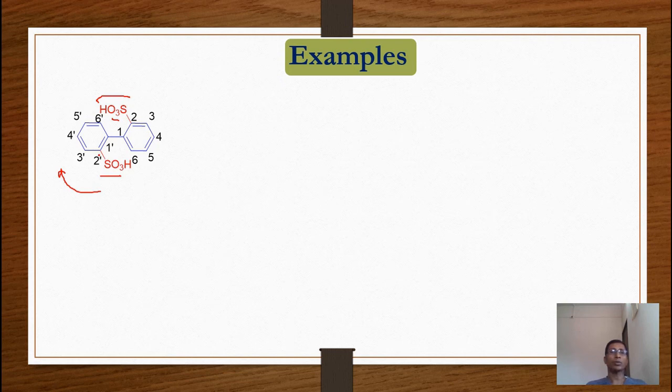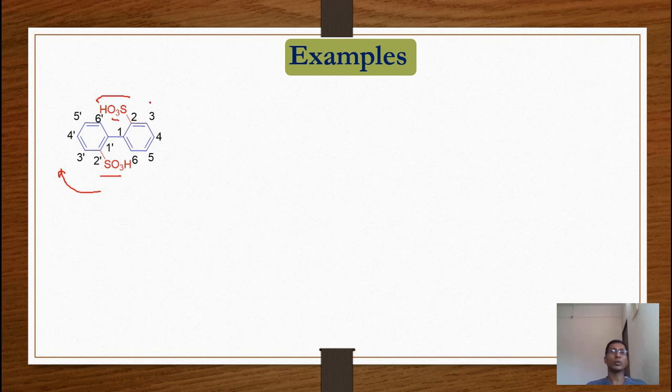If you started numbering in the other direction, 1 dash, 2 dash, 3 dash, 4 dash, 5 dash, 6 dash, then this SO3H carbon receives the number 6 dash, which is incorrect. Thus the correct numbering is in this way.